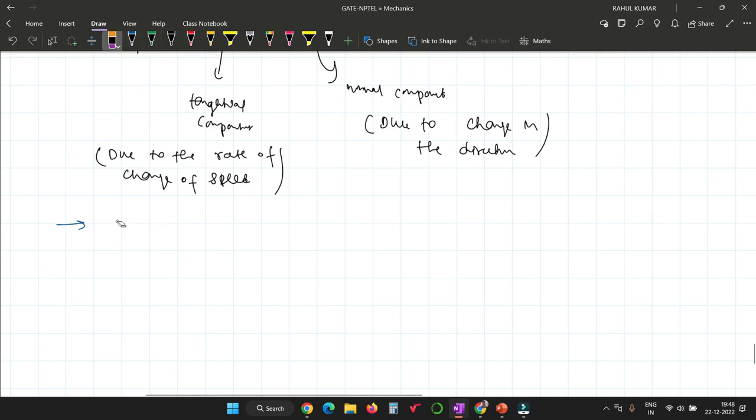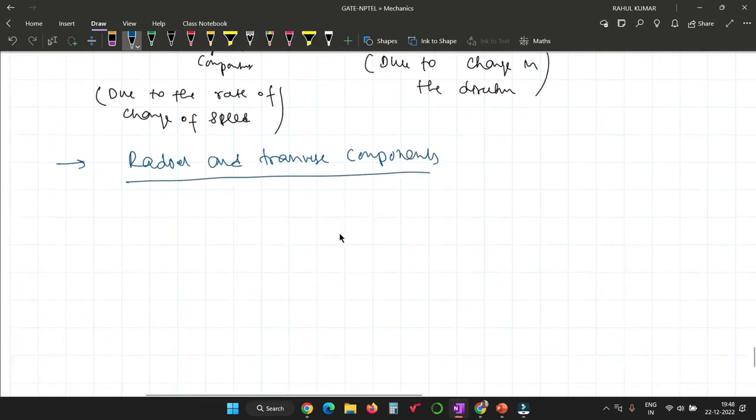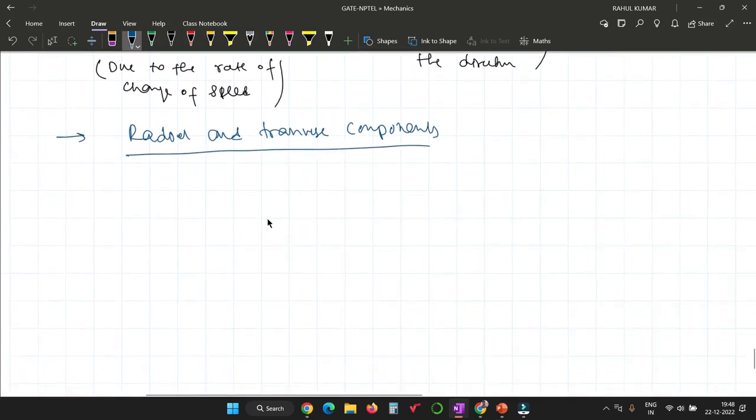Sometimes you have to resolve velocity or position into two components, not only in rectangular components. You also have to resolve in radial and transverse components, and sometimes it becomes very handy.